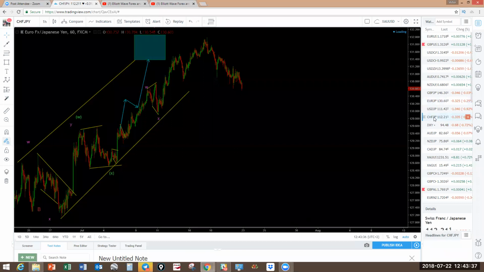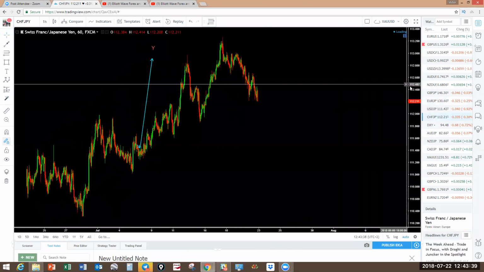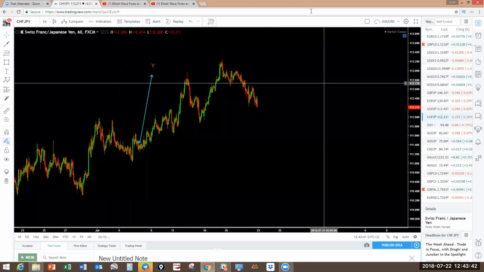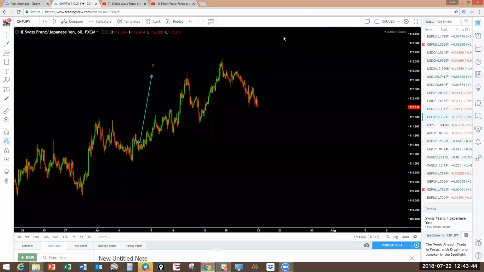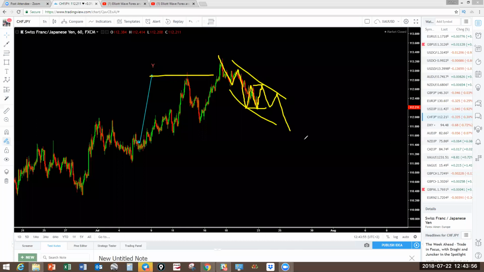CHFJPY. Okay, CHFJPY, that arrow that you see, I showed you last week, and that's where the target was reached. And now we're making this move to the downside. Looks like three waves down here. Now we're looking for this one here. Let's see if it does this one here. That means we may still be bearish on these ones. Like I said, the euros are showing short-term weakness.